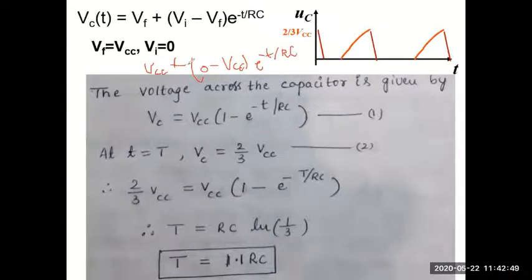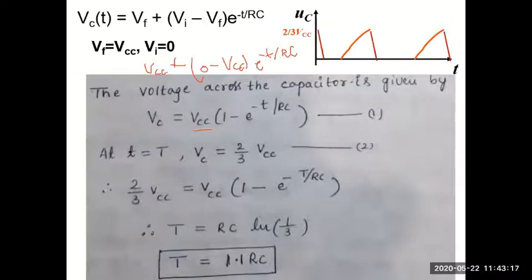We have taken this Vcc as the common factor outside. So Vcc into 1 minus e to the power of minus t by RC. I hope you get this. So from this standard equation, we get the voltage across the capacitor as Vcc into 1 minus e to the power of minus t by RC. Hope you got this.